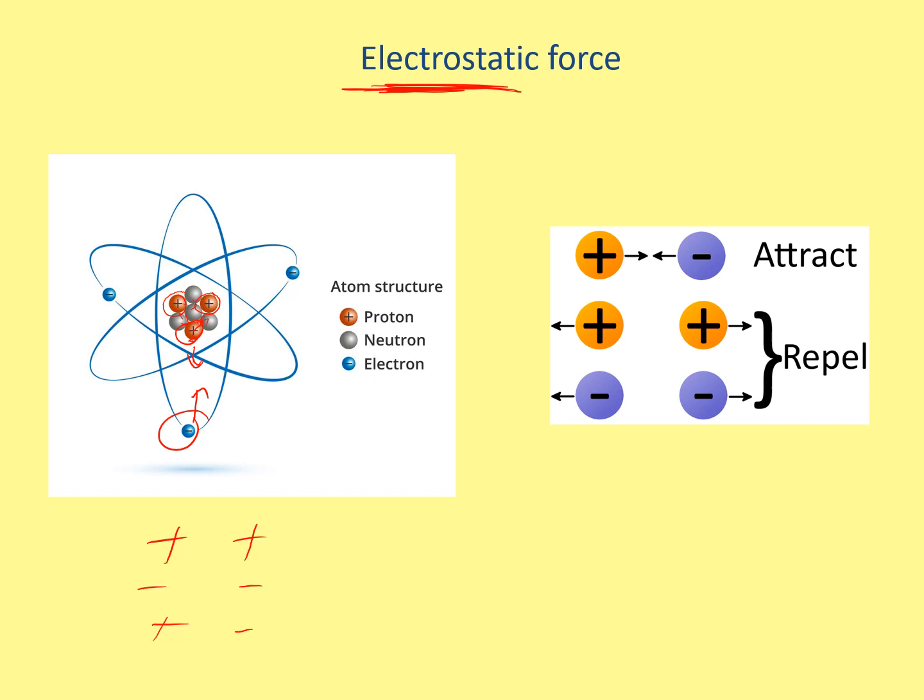And this is called the electrostatic force. Turns out these two here repel, and these two here repel, and this one will attract. This one will attract. And this one will repel, as it says on the right. So we've got attract and repel, and the name of the force is electrostatic.